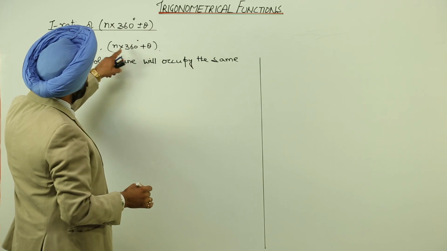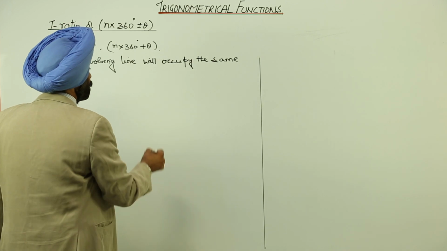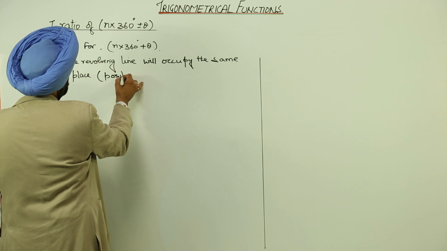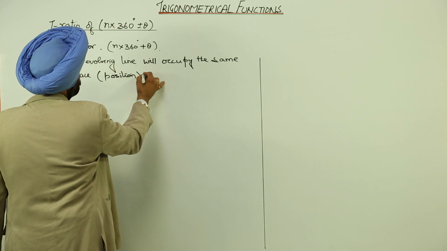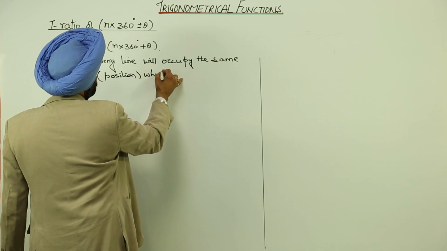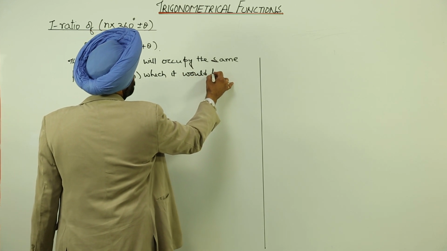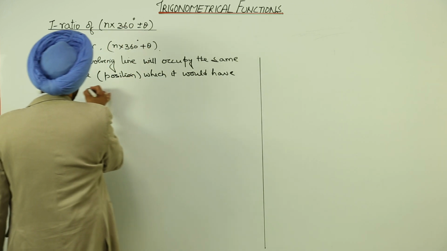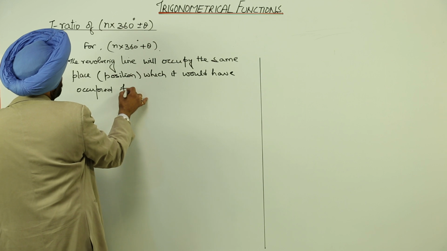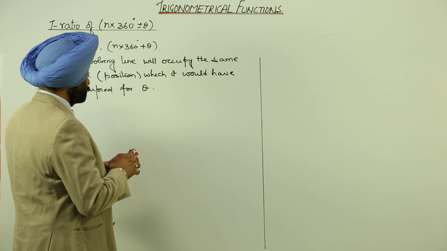The revolving line here for n times 360 degree plus theta, okay, will occupy the same place or position which it would have occupied for theta. Okay.